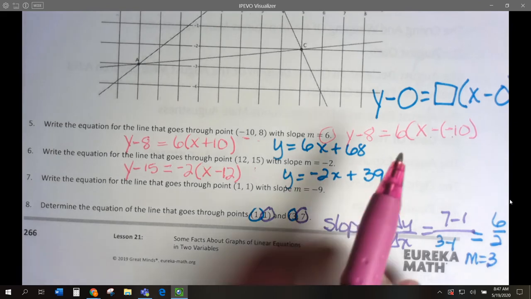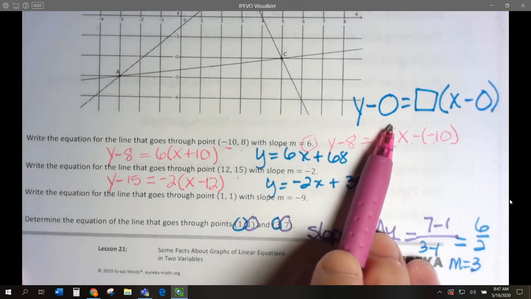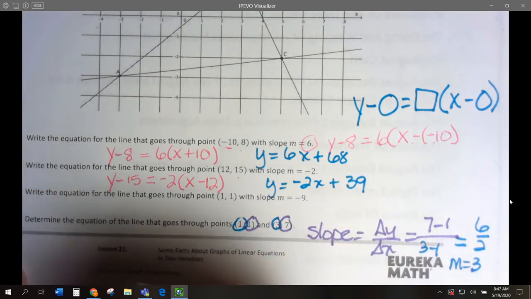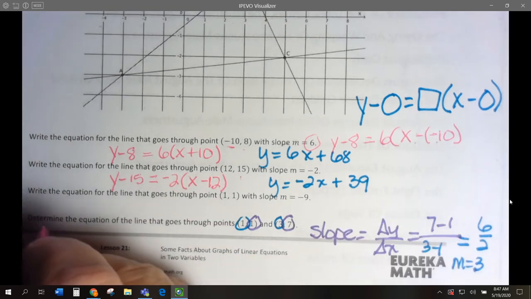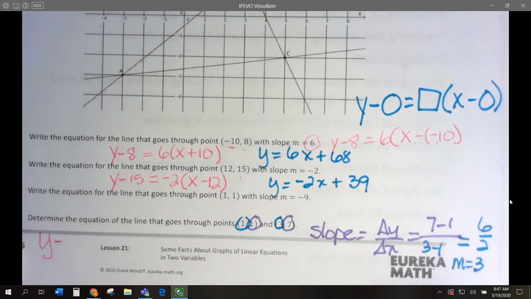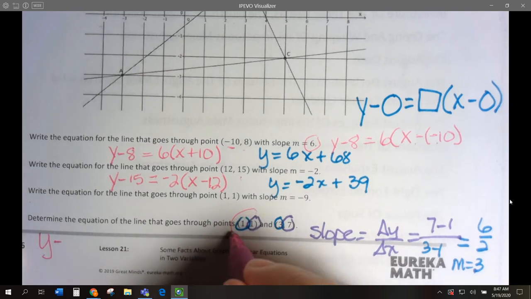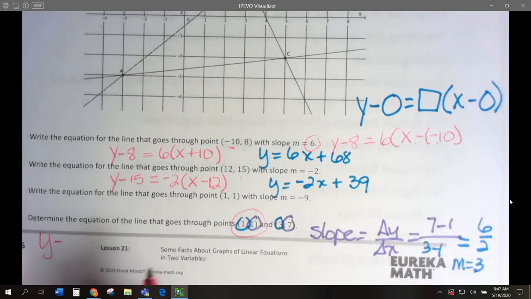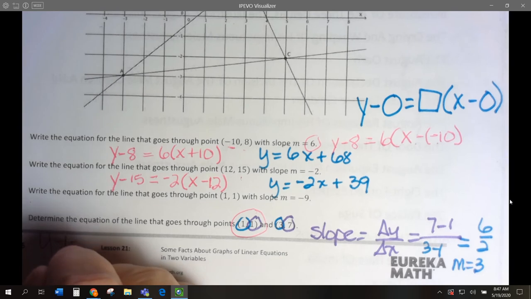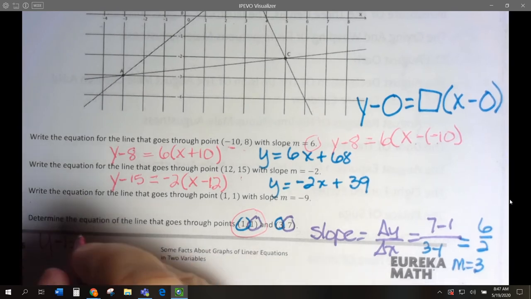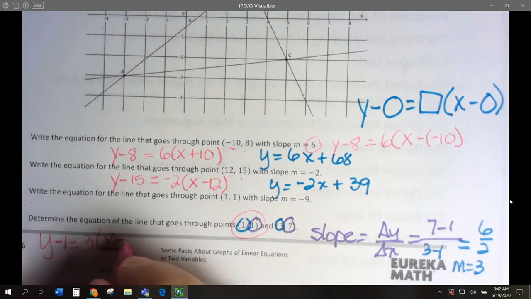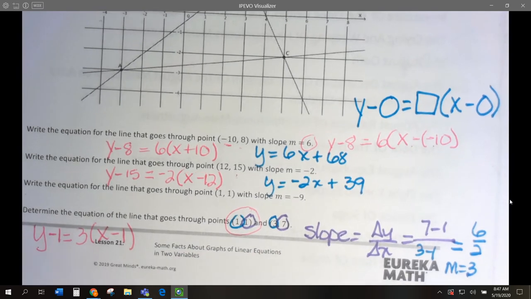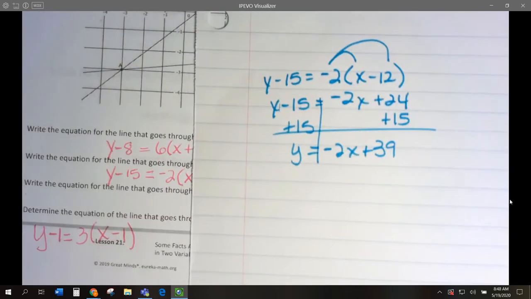So let's come back to our template here. Oh, I'm sorry, I skipped 7. Well, let's do 8 and we'll go back to 7. So we're going to have y minus, let's use this one because it's simpler, our y coordinate of 1 equals our slope of 3 times x minus our x coordinate, which is 1. So I'm going to come to a separate piece of paper to do this one.